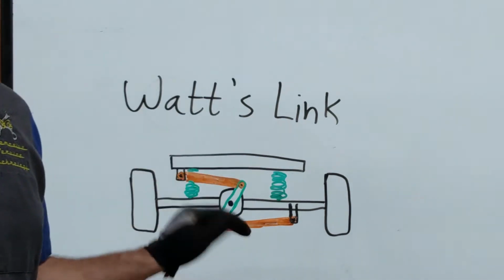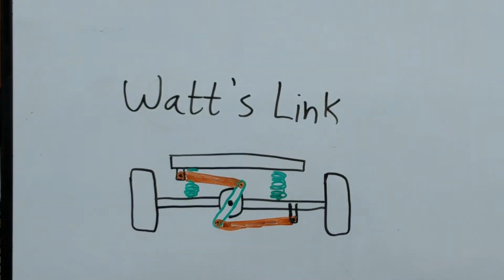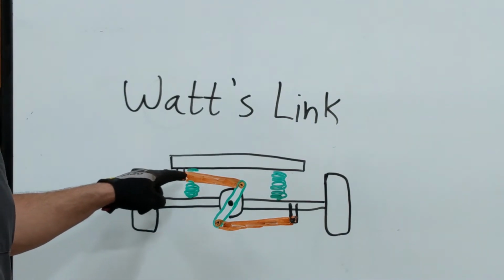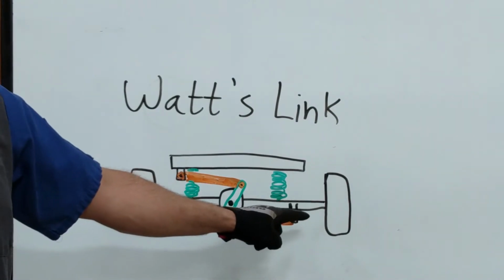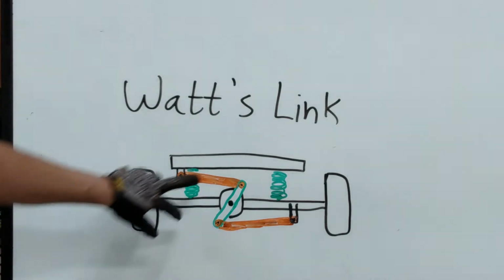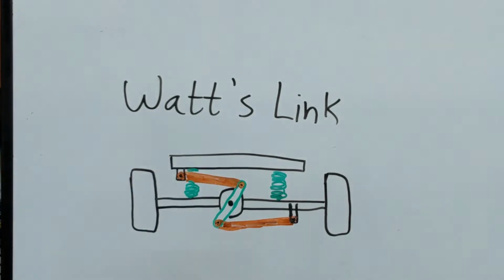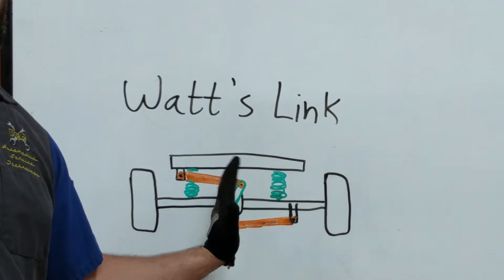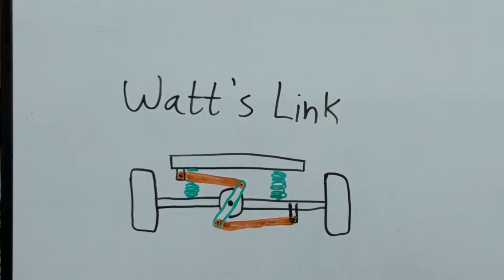The Watts link is a variation of the track bar. Instead of having one bar that spans from the chassis on one end to the axle on the other end, it's broken up by a pivoting link in the center. So this pivoting link will move on its center pivot point, and that's typically mounted to the differential on a solid axle.